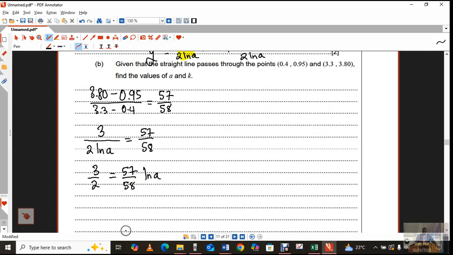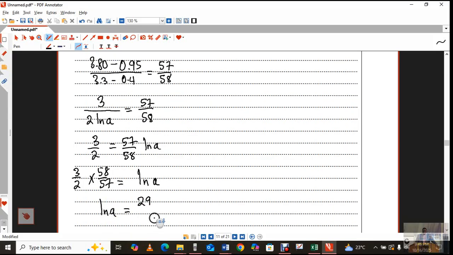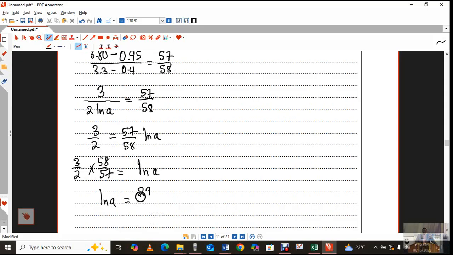So of course multiply that into that. Then the natural log of a will be this 3 over 2 times 58 over 57. You see I'm multiplying that with the inverse. So eventually it gives me that the natural log of a is equal to 29 over 19. Okay.